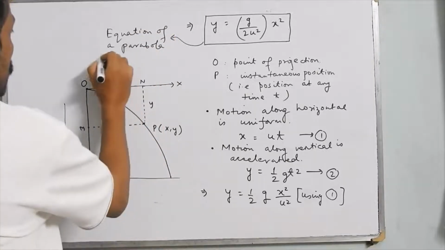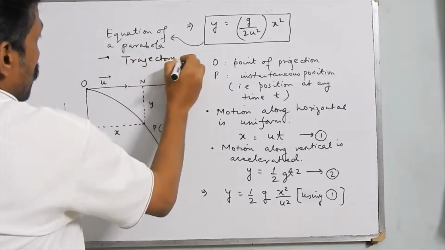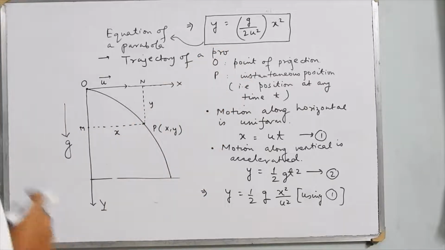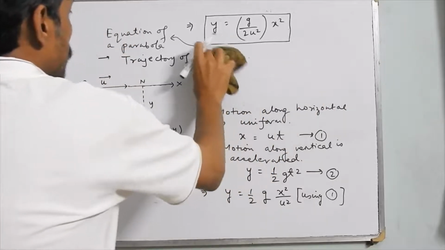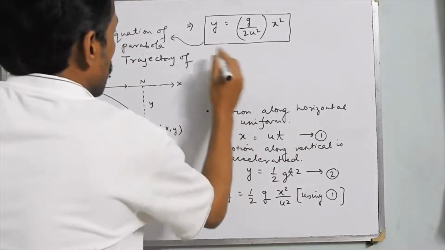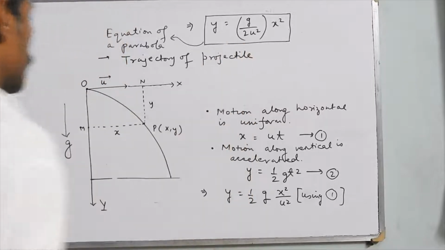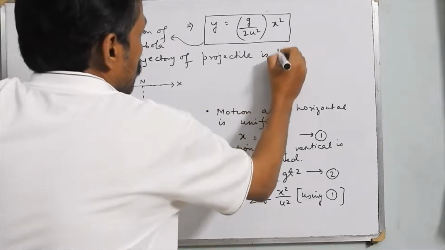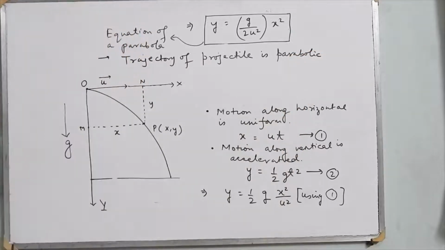The trajectory of a projectile is parabolic. Or we can also say that the locus of the projectile is parabolic. So this is a brief description of the horizontal projectile.